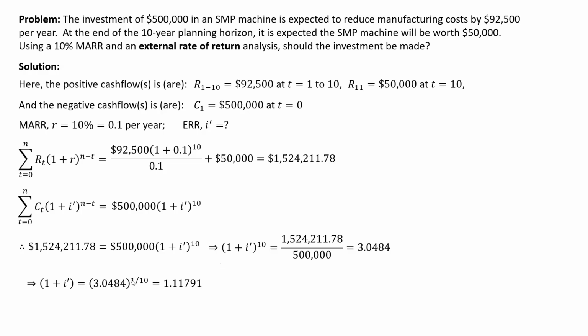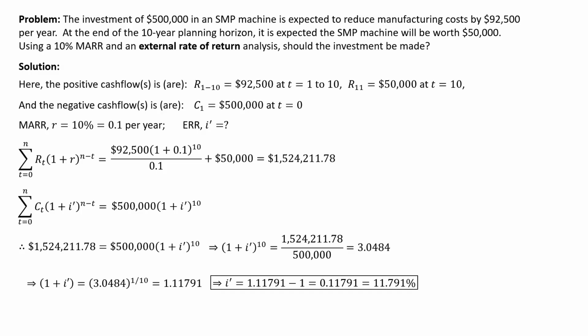Taking the 10th root is nothing but raising to 1 over 10. And that's equal to this. So 1 plus I prime is this. I prime itself is this, which turns out to be 11.791%.